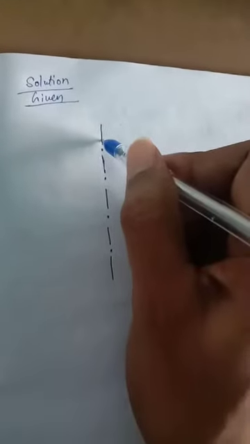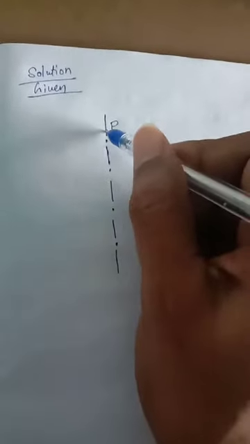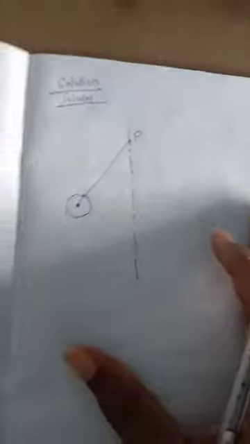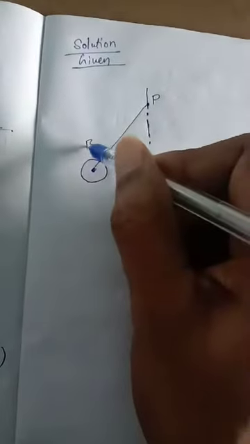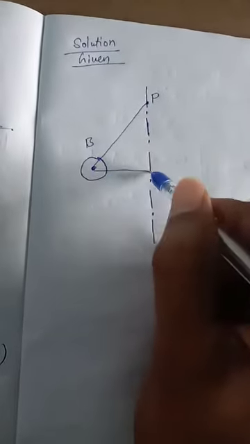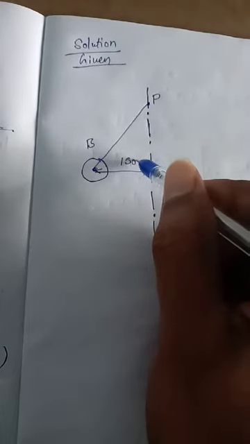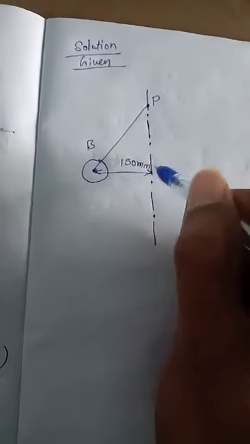Now I am going to draw this free body diagram for the Porter governor. This is called P. This is called B, the ball, and this distance is given as 150 mm.